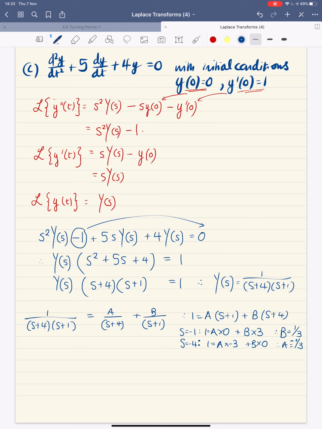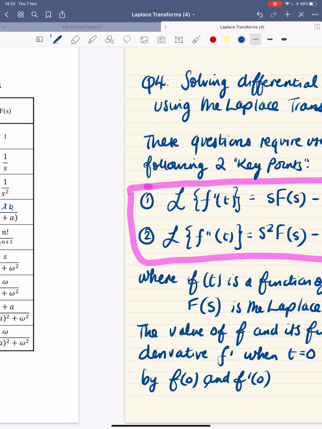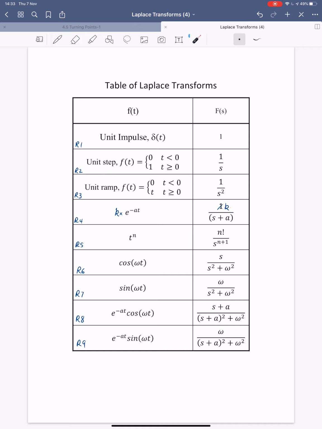Just going to check my answers before I go any further with this. Yes, I'm happy with that one. And then back to our table, this is row 4 again, because it's k over s plus a. So we've got 1/3 for our k and minus 1/3, and we've got a 1 and a 4.